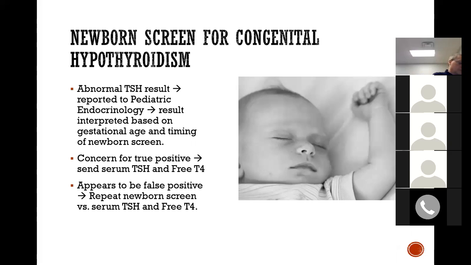A lot of things come into play for the newborn screen. When was it taken? Was it day of life 1, day of life 3? Were they premature? Are there other contributing factors? Especially the kids in the NICU are going to get this screen multiple times, and often they get flagged in the beginning, but we find out as we move along they're false positives.